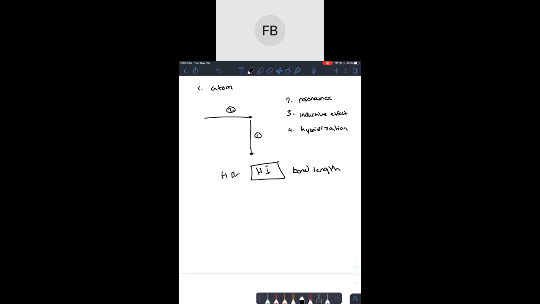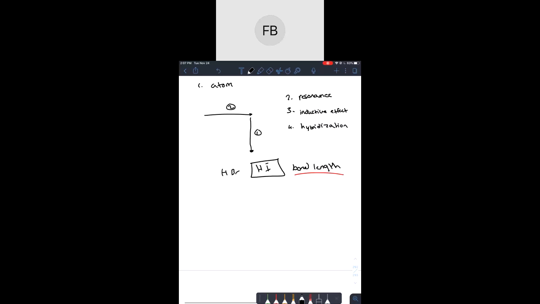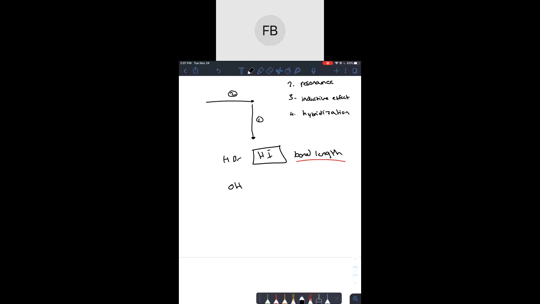And so when I say number one, the most important, is atom, bond length is actually the most important within that. And then secondary to that is electronegativity. So once we've figured out bond length, let's say there's 2 things that have pretty much equivalent bond length. So for example, let's have OH and NH.